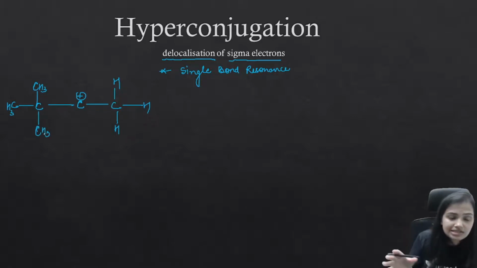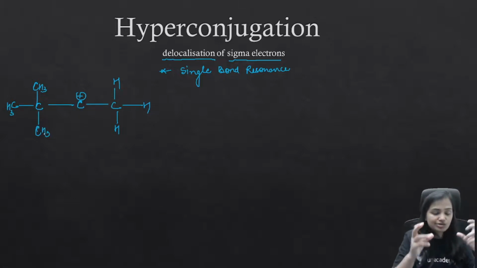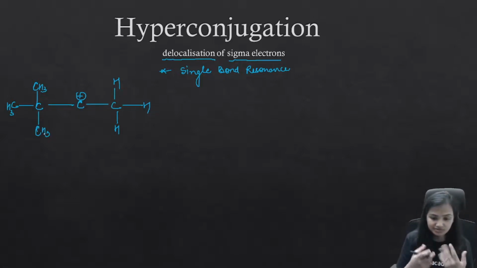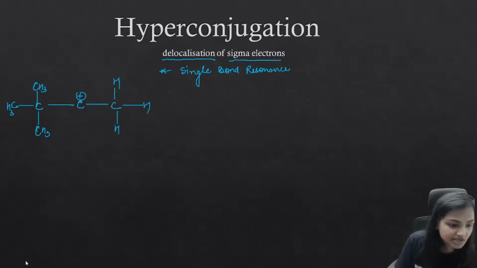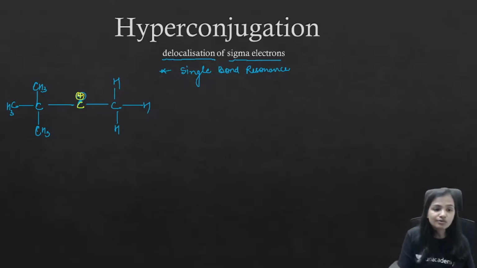When you see this particular structure, what can you see? You can see that there is a positive charge. Something is asking for an electron, something wants to neutralize, something is looking for the electron. But who is going to help this particular carbon with a positive charge? This carbon is saying, please send someone who can make me stable. I want electrons. So who would go to stabilize this carbon?